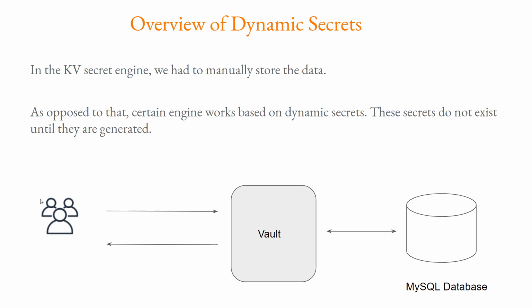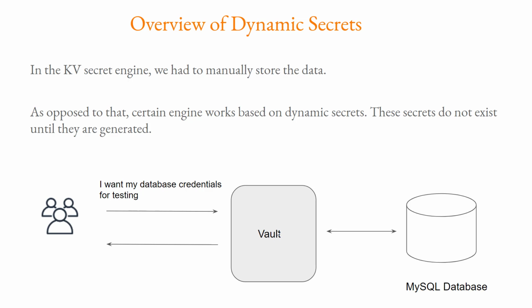So let's say a new user has joined your organization and he is in the development team. Now he wants to access the development database that is being managed by the DBA team. So instead of requesting his credentials directly from the DBA team, he can request the credentials for the database from Vault.